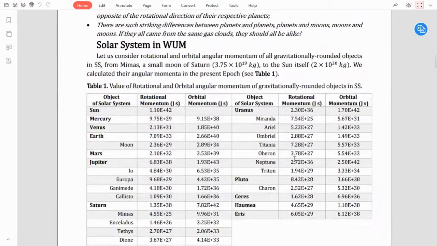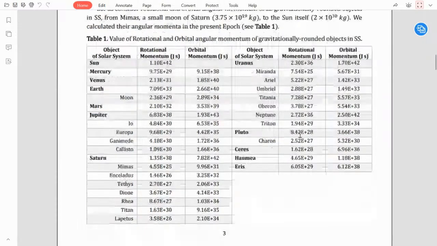See Table 1: value of rotational and orbital angular momentum of gravitationally round objects in the solar system. These are the planets, these are the moons, this is their rotational angular momentum, this is orbital momentum. Nobody has done this table before myself.